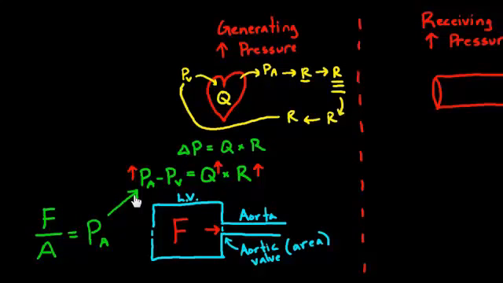Let's say there's lots and lots of resistance in the vessels, so that all these numbers are slowly going up, up, up. That's going to cause the overall resistance to go up, and now the left ventricle has to put in more force. Or you could say, what if you have larger flow? You actually have a larger volume of blood you're trying to move around. Again, the aortic pressure is going to have to go up.